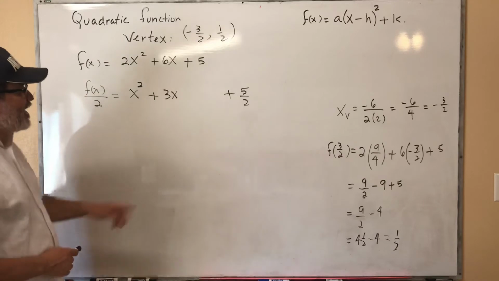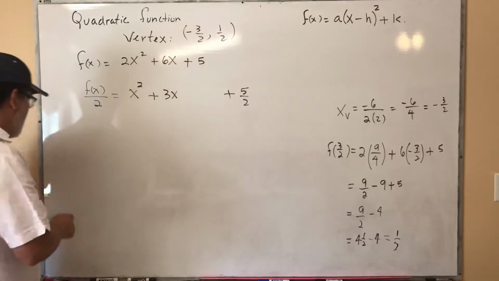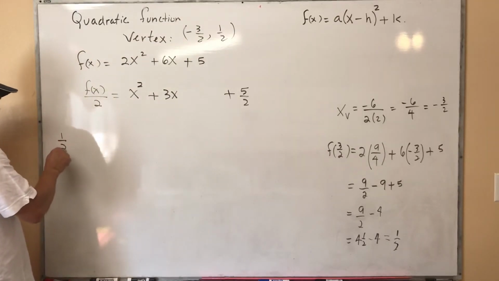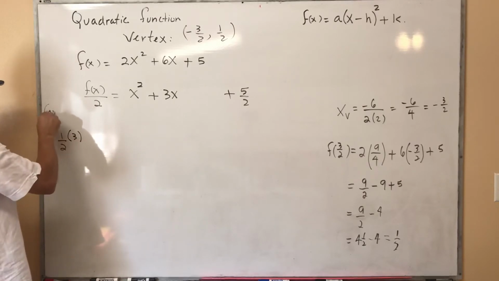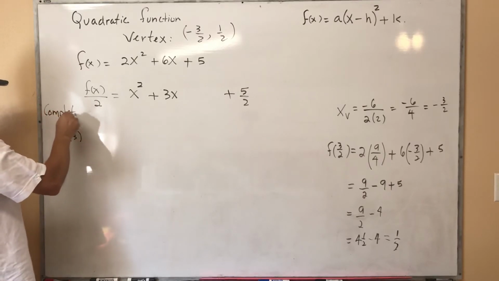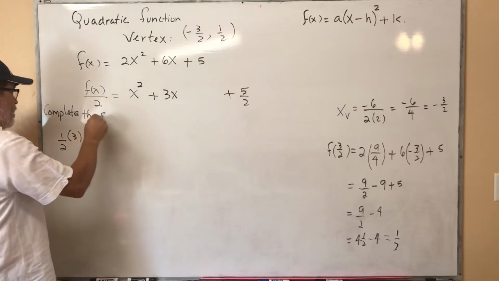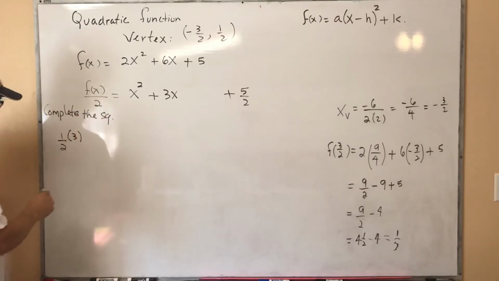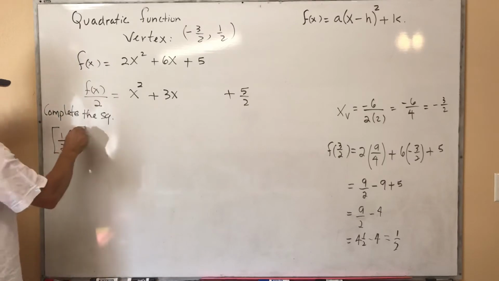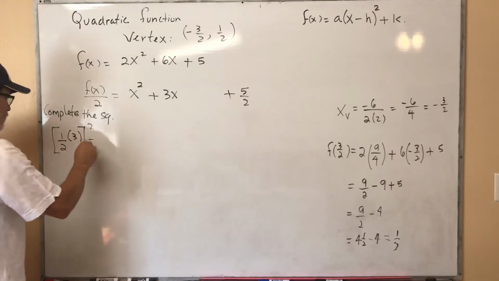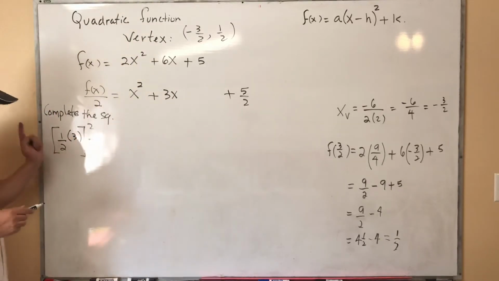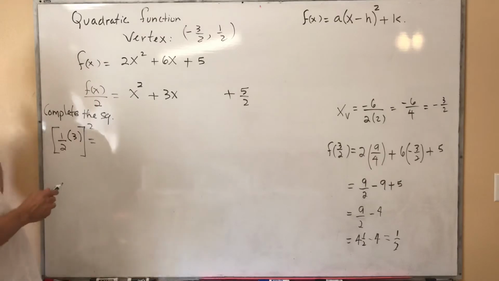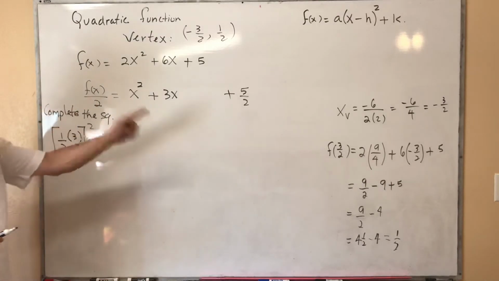Now I'm going to take half of 3, because I'm going to complete the square. Half of 3 quantity squared. Okay? And this is what I'm going to add, and I'm also going to subtract it from the same side.